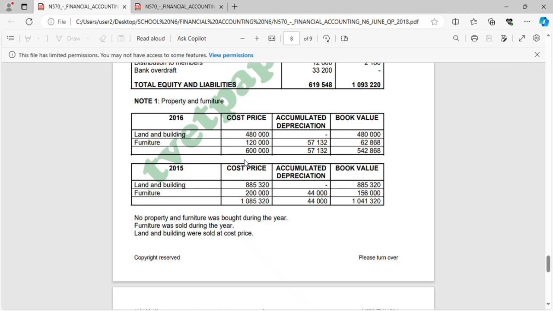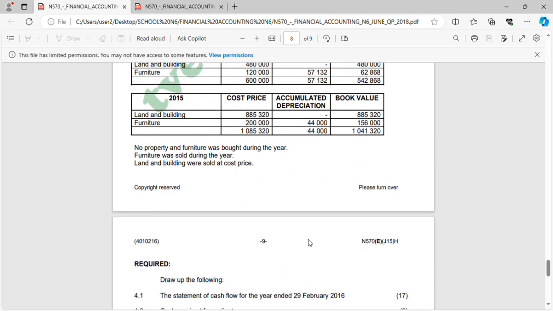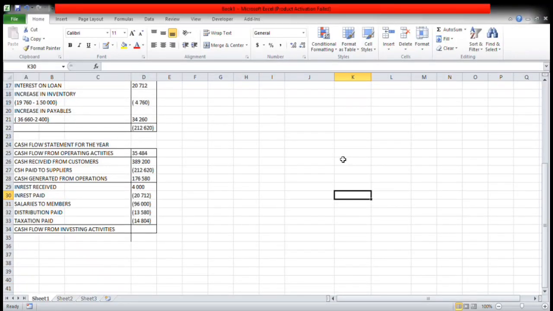Then, let me just draw so that you can understand it better. In order for us to get the proceeds on sale of furniture, I'm just going to prepare the T account for asset disposal. I hope that you all understand the T account for asset disposal.